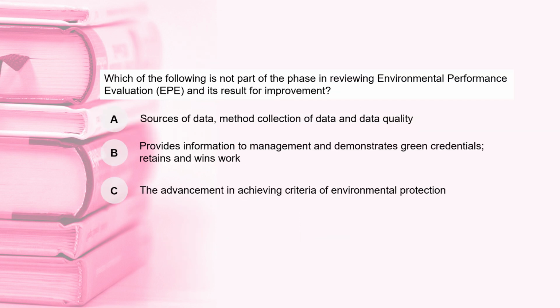The last question is, which of the following is not part of the phase in reviewing environmental performance evaluation and its result for improvement? A. Source of data, method collection of data and data quality. B. Provided information to management and demonstrate green credential, retain and win words.